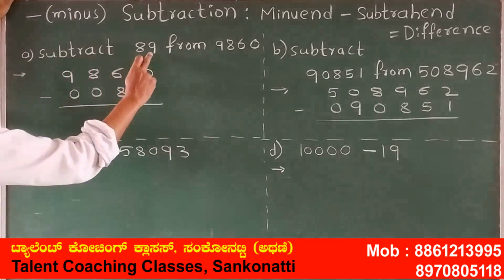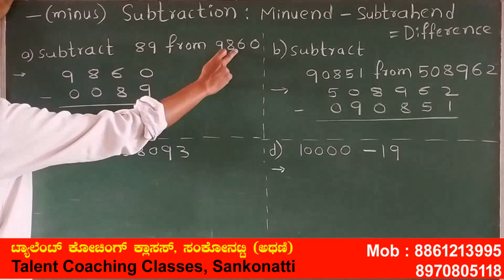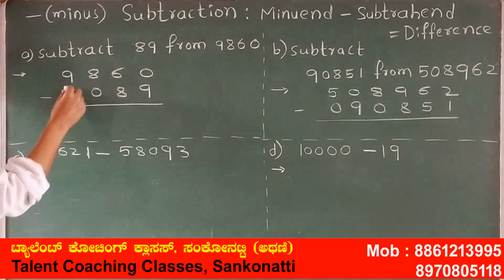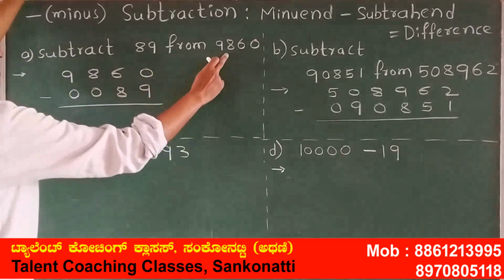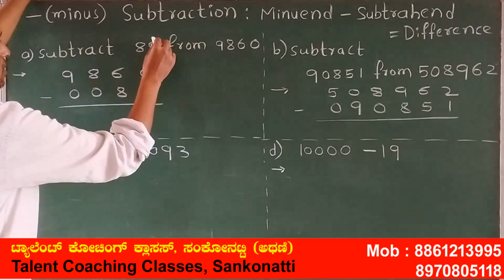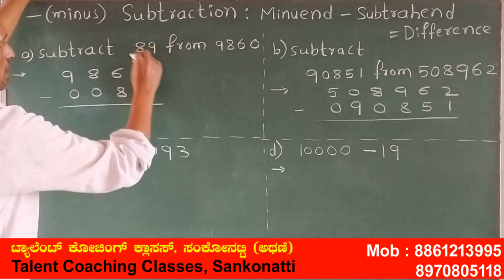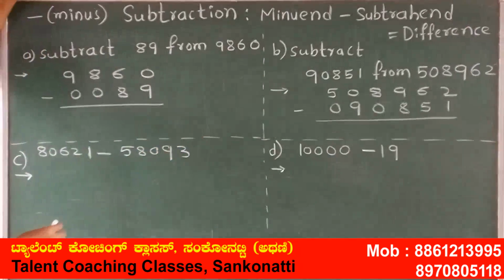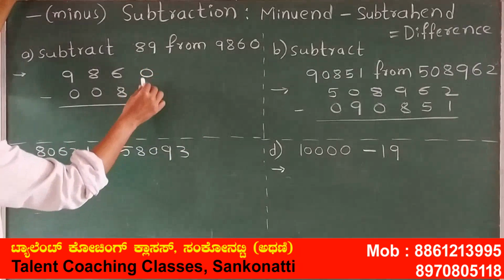We will subtract 89 from 9,860. See here, 89 is taken out from 9,860, so we have to subtract.